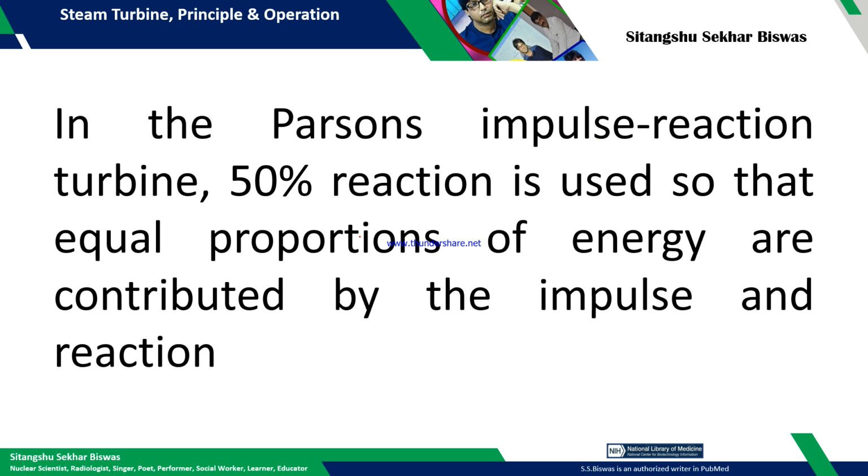And it is always better to have increased efficiency of the turbine if 50% reaction is used. That means 50% of the turbine rotation comes from the reactive force and 50% comes from the impulsive force, and both combining together is always better, and we will understand that while calculating the efficiency.